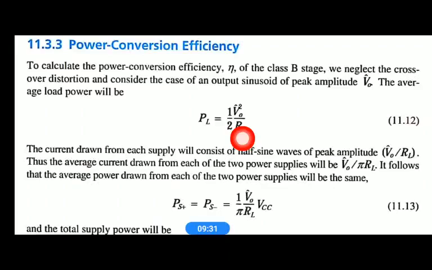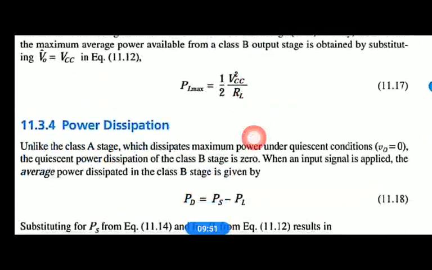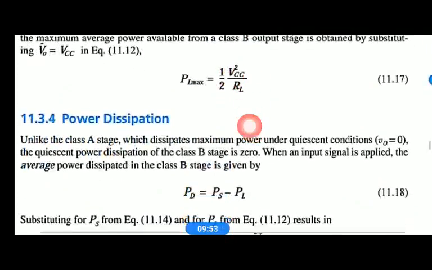When will it become maximum? When V0 is the maximum voltage VCC. So you substitute V0 in place of VCC to get the maximum load power PL equal to half of VCC square divided by RL.